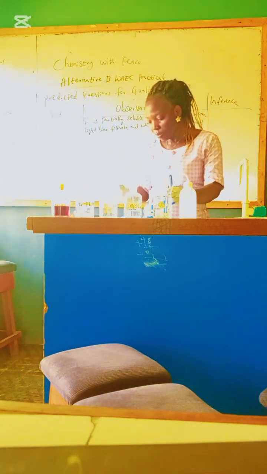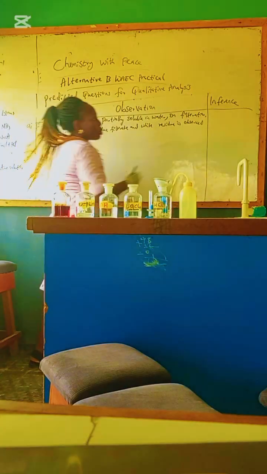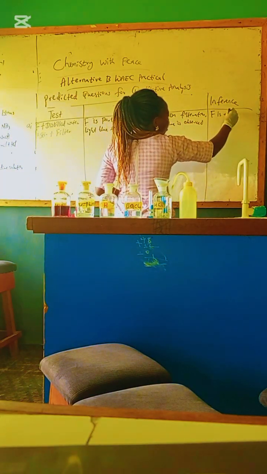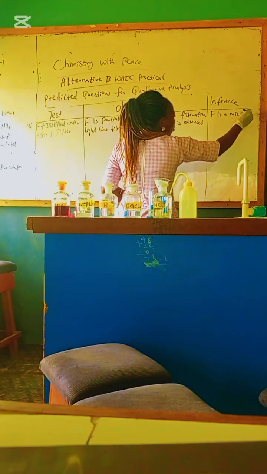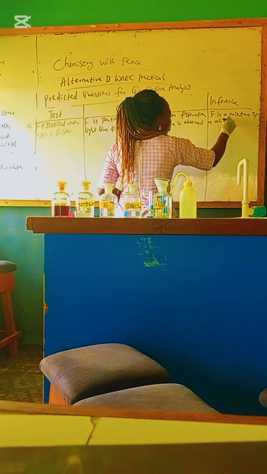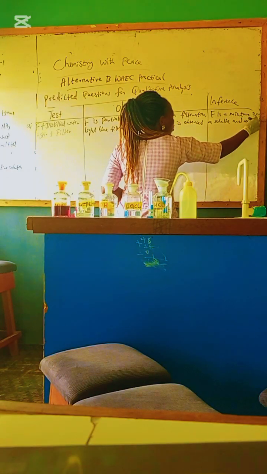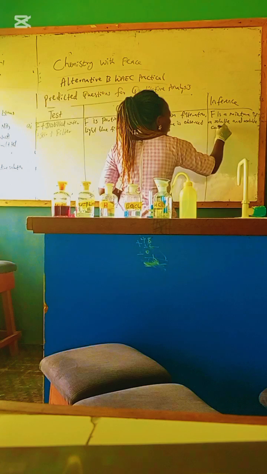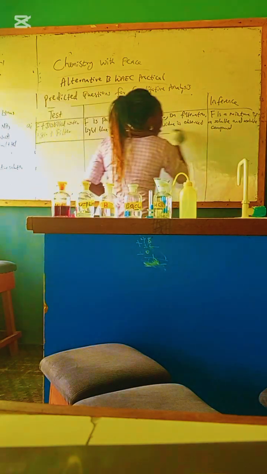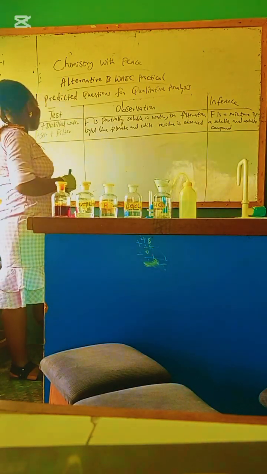Then under the inference I'm going to write that F is a mixture of a soluble and insoluble compound.